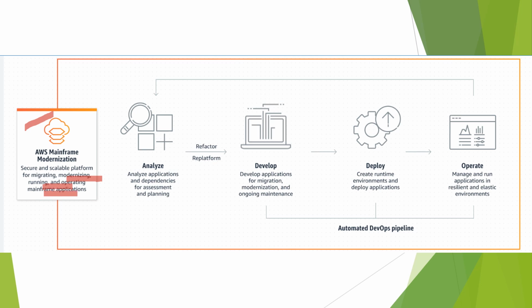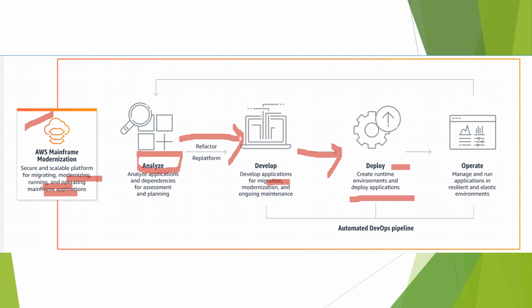First it goes to the analyze process. In analyze, the application dependencies are examined for assessment and planning. Then it replatforms in develop. In develop, the application migration, modernization and ongoing maintenance take place. After that, it moves to deploy. Here it creates the runtime environment and deploys the application.